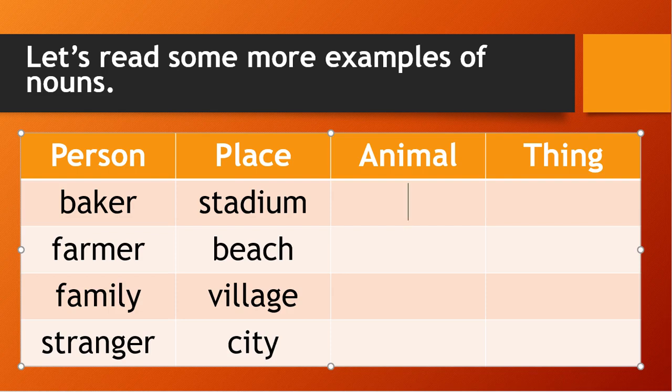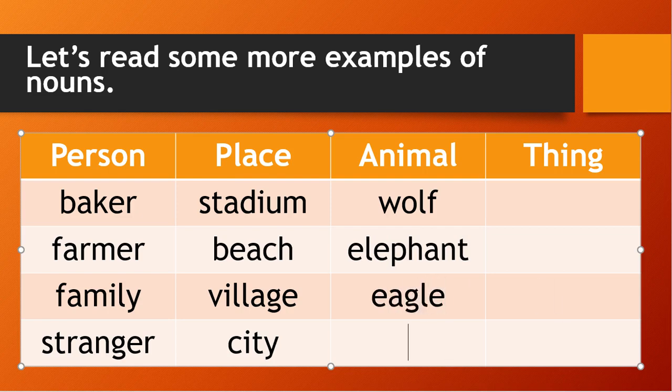In animal, we can say wolf. Then we can say elephant, eagle, and then bee. So these are animals.